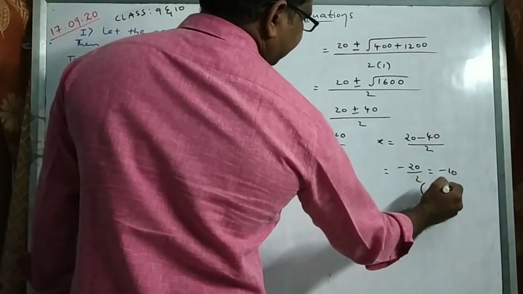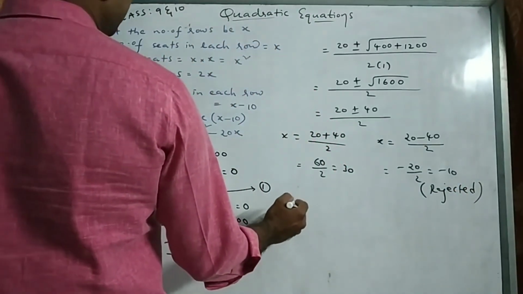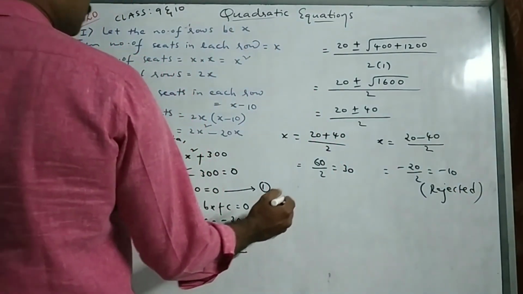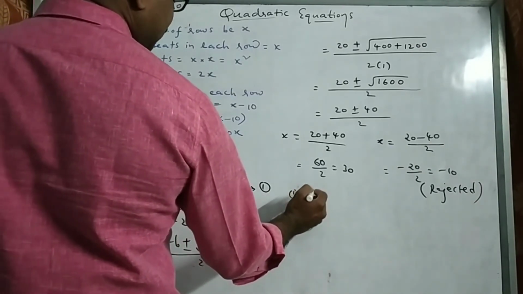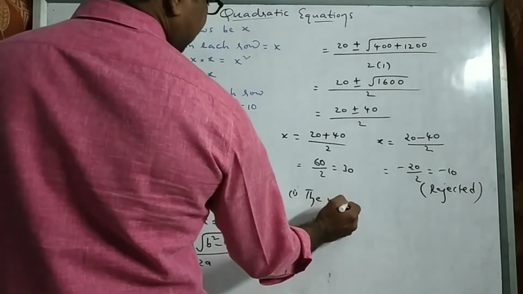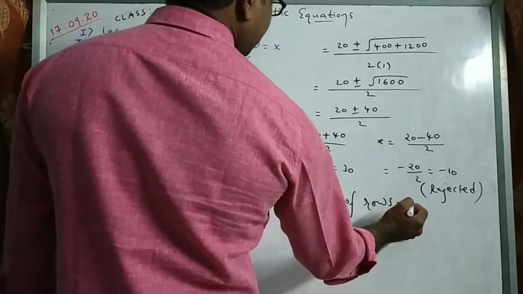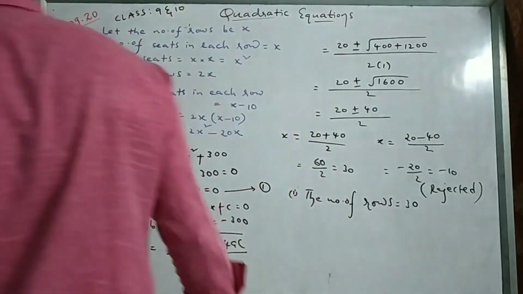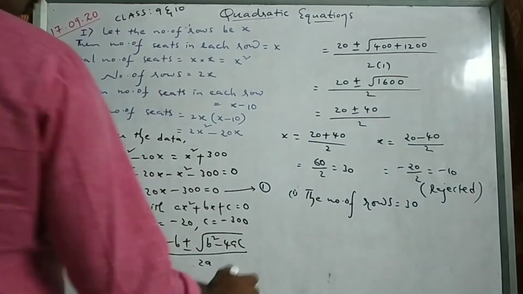It is rejected. Okay, so what is x here? Let the number of rows. Therefore, first question, the number of rows equal to 30. Right? Number of rows equal to 30 in the original arrangement.